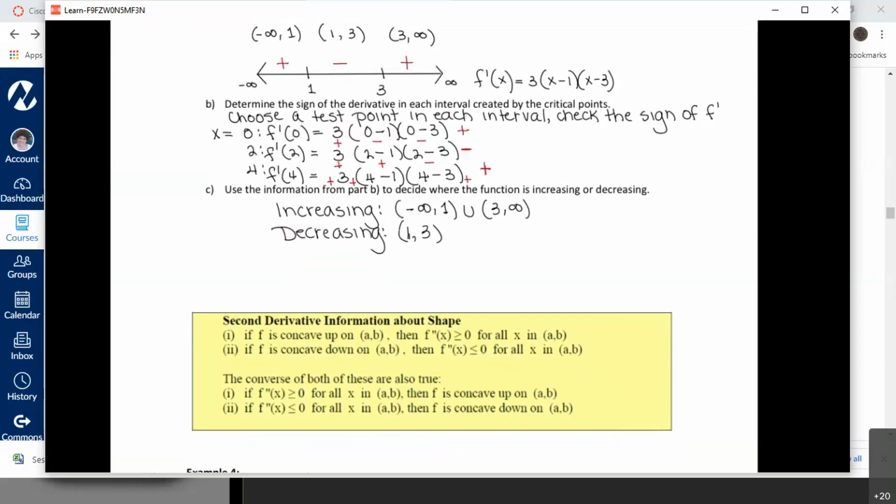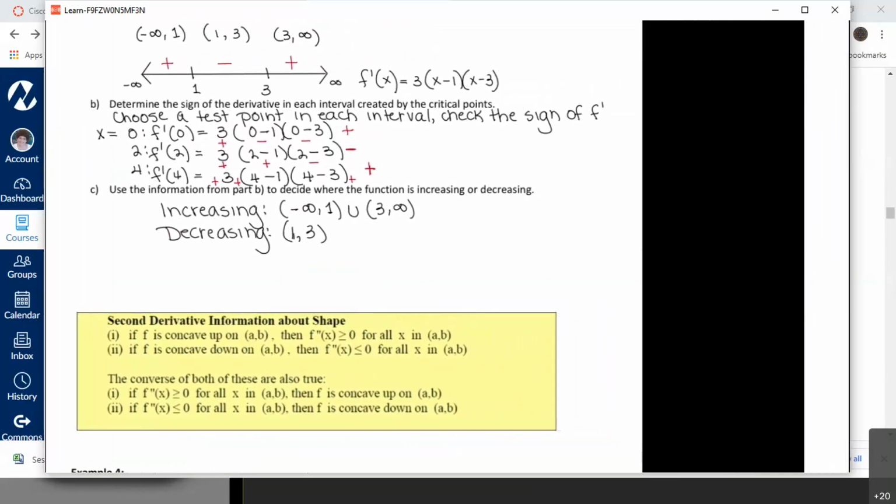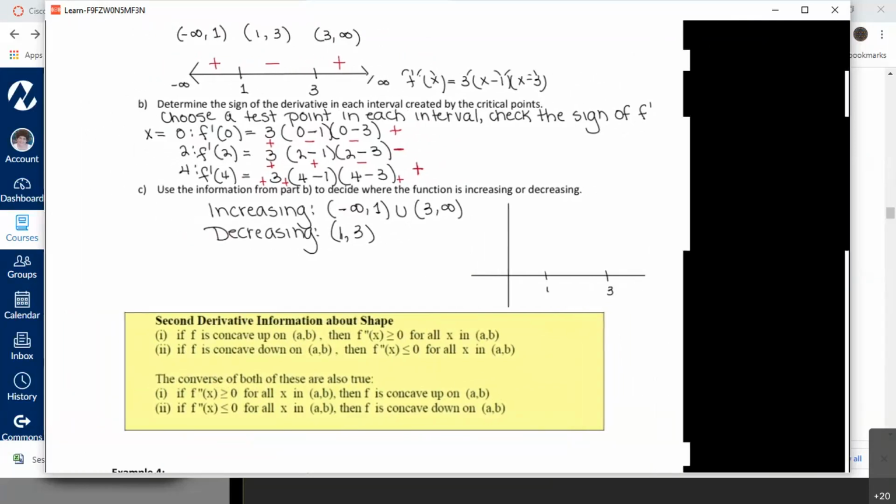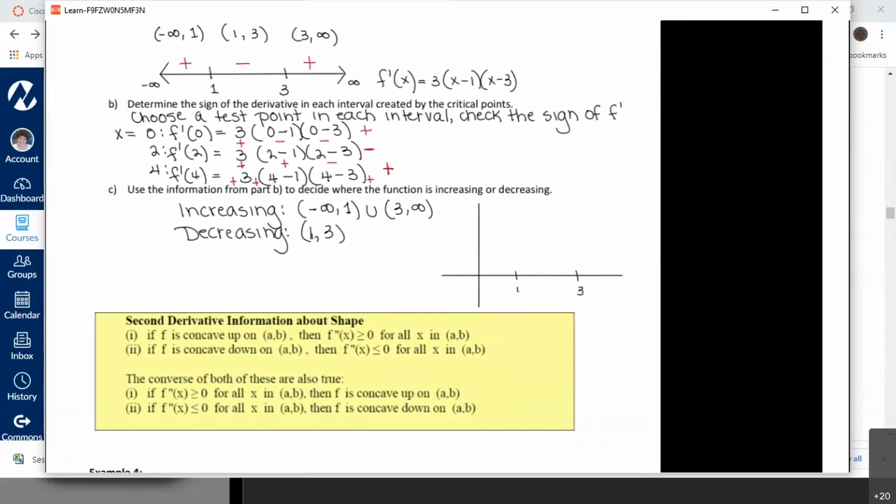Again, I would be able to at least graph the shape of this function. I wouldn't know what the y values are on the function, but here's sort of what it should look like. This is the original f function. I have a critical number at 1 and a critical number at 3. To the left of my critical number 1, my function's increasing, so it's increasing up to that.